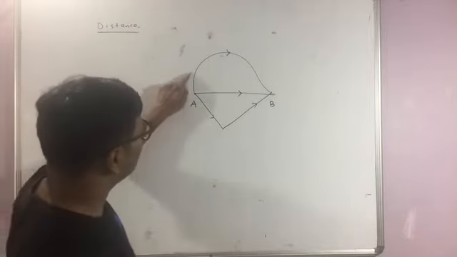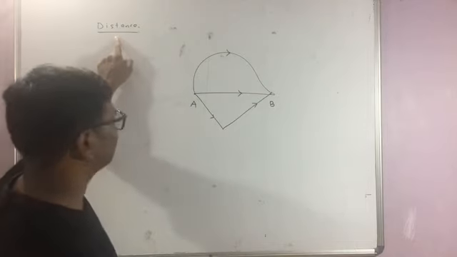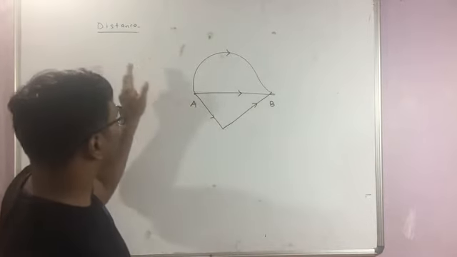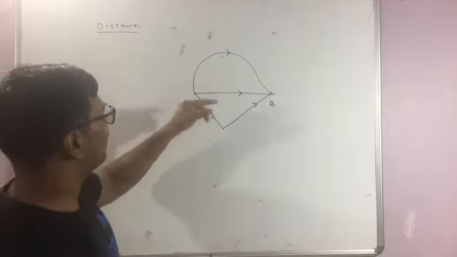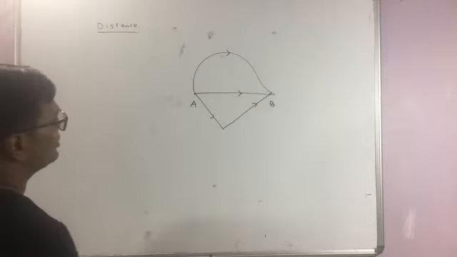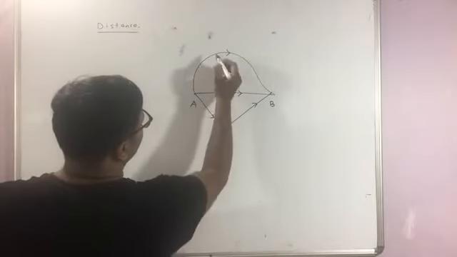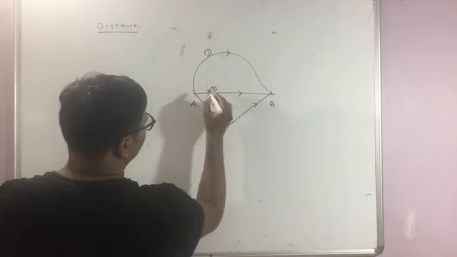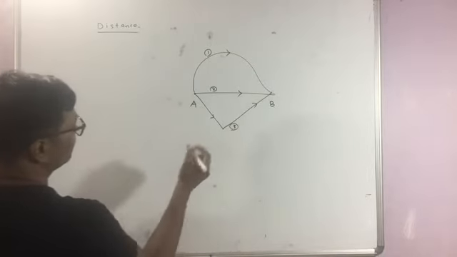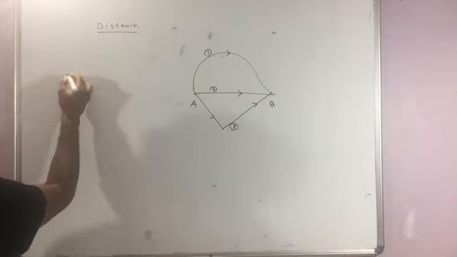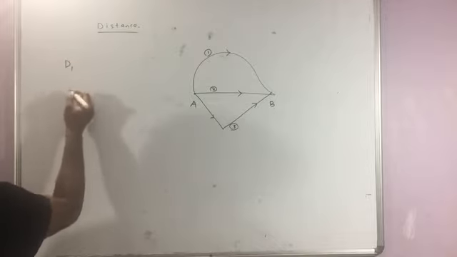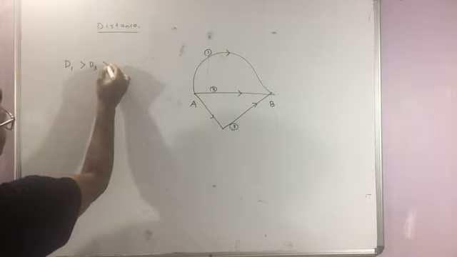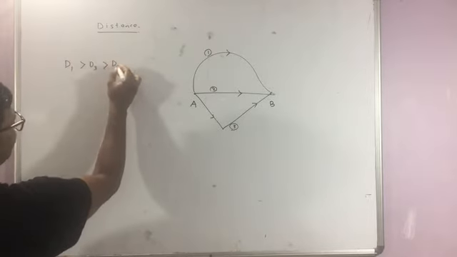Distance is the actual length of the path covered. The actual path length is called your distance. From the 3 diagrams, if you mark this as path 1, this as path 2, and this as path 3, we can say the distance in path 1 must be greater than the distance in path 3, which must be greater than the distance in path 2.